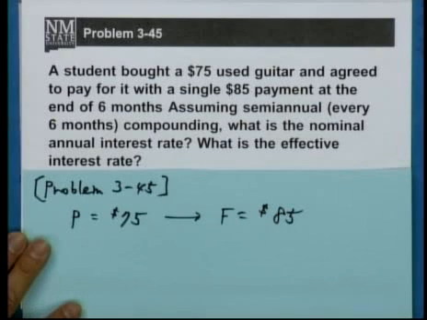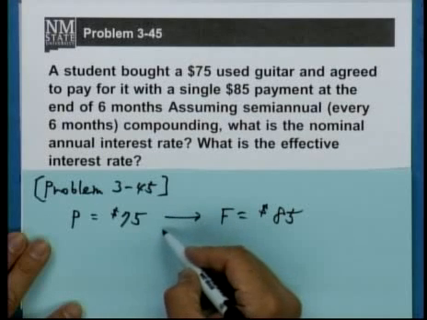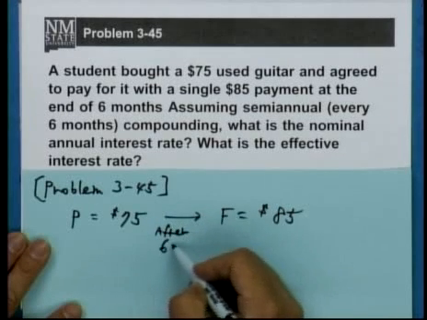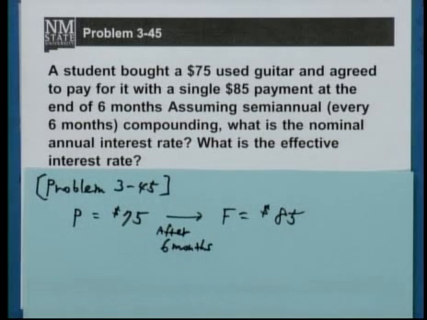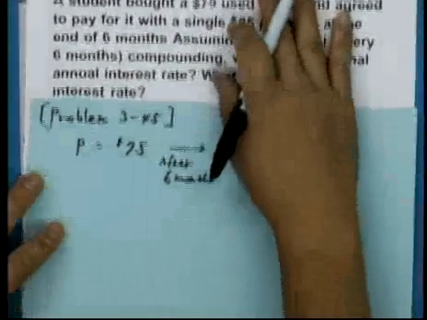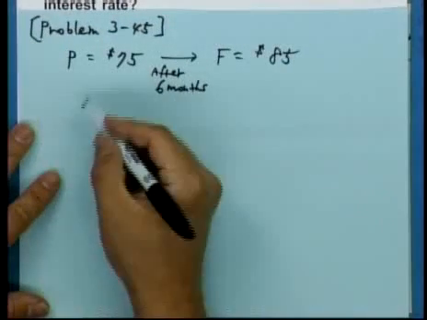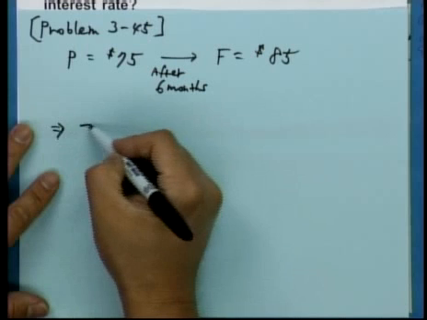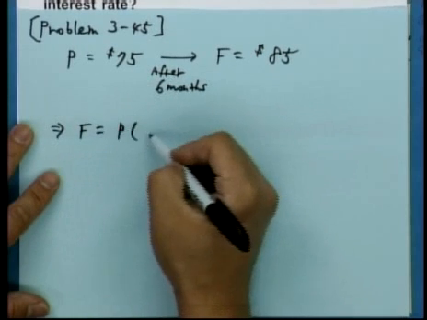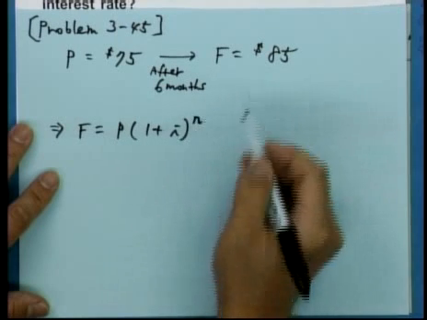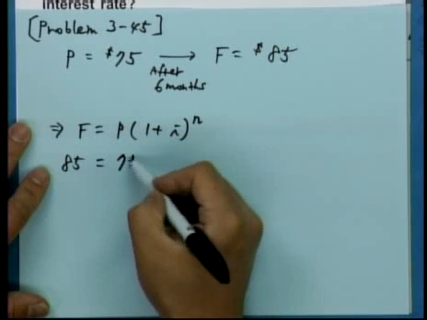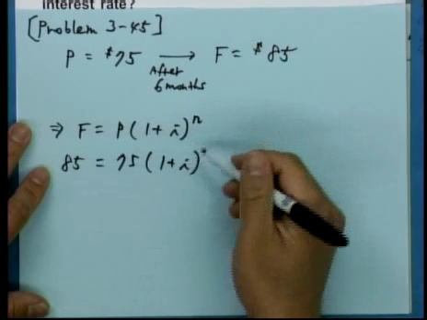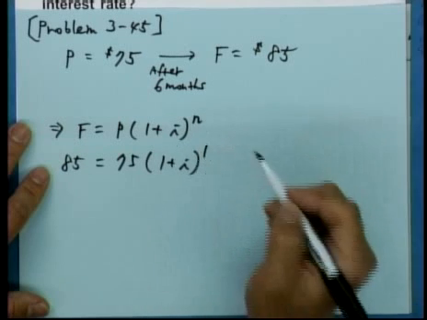At the end of 6 months, after 6 months. Okay? And we are assuming semi-annual compounding. So if you use the formula F equals P times (1 plus i) to the power n, then 85 equals 75 times (1 plus i) to the power 1, right?